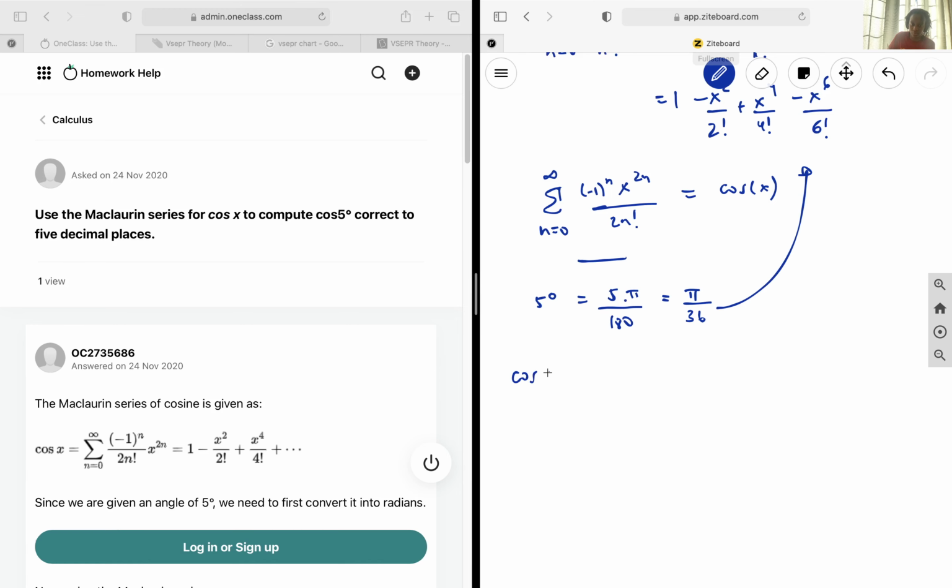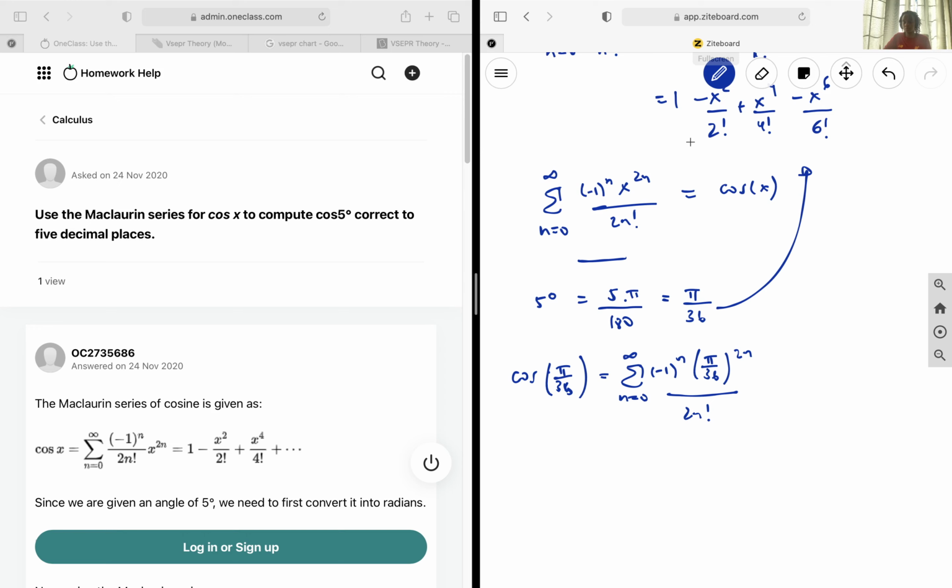So cos of pi over 36 is going to be equal to the series that we have found. So pi over 36 in the place of x, all over 2n factorial, right?